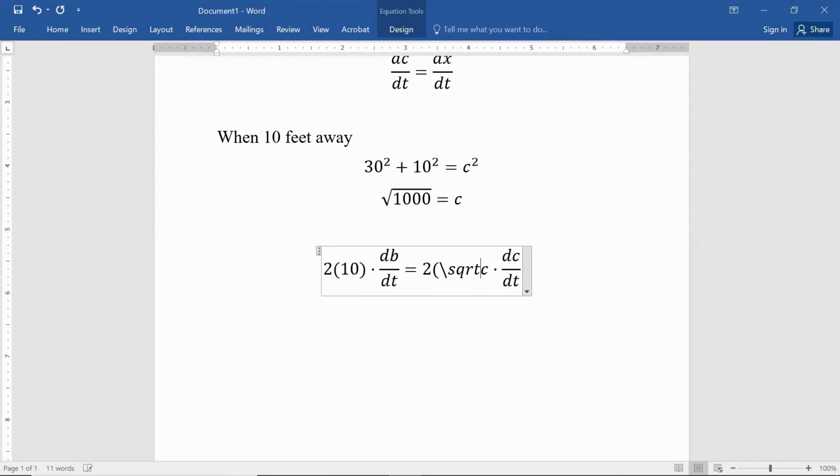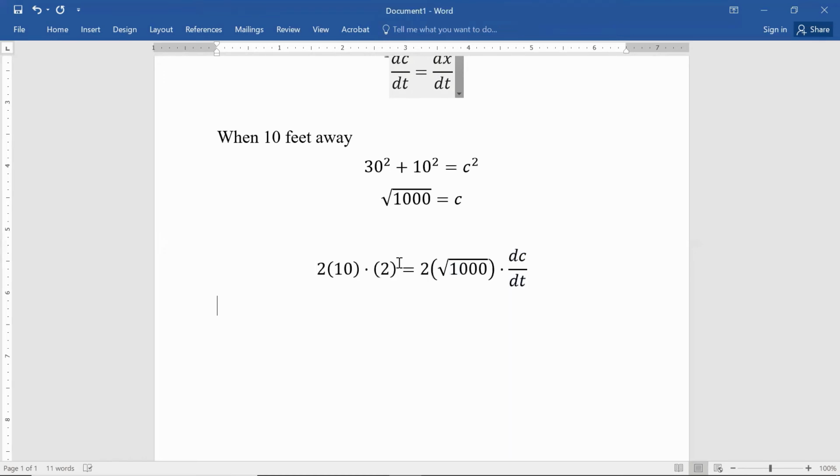When the man is 10 feet away, the rope length is the square root of 1,000. And the person is walking away at a rate of 2 feet per second. That's the dB, because you're walking away at the base in that direction at 2 feet per second.